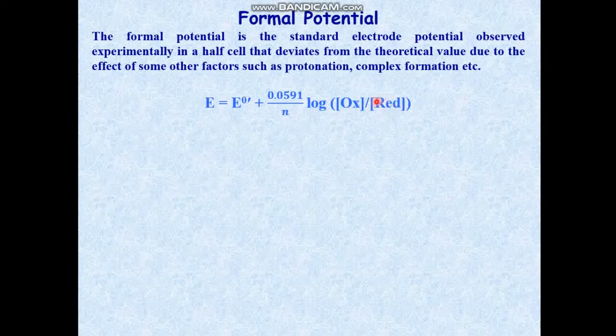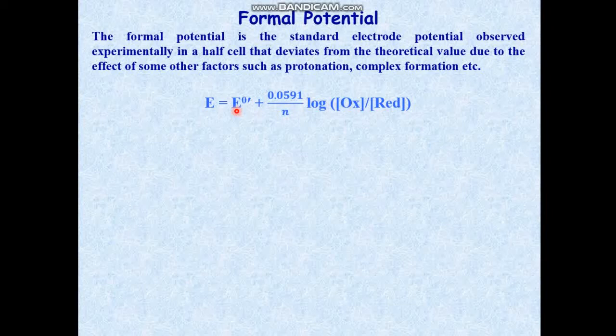Now as I have said, the concentration of the reductant, that is the ferrocyanide ion, is decreasing to a large extent. That means this parameter becomes greater than 1. So it is a positive parameter, if you take the logarithm of some number which is greater than 1 and it is added to this E0 value.